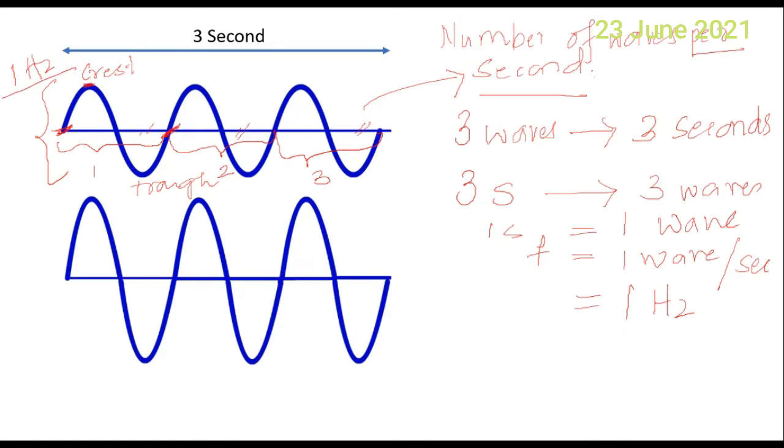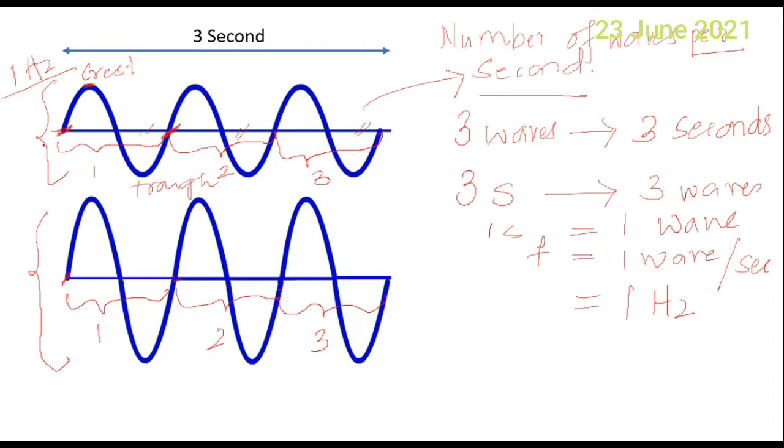Now we shall see the frequency of the second wave. Check how many waves are there. As I have told you, from initial position to crest and trough. So from here to here one, here to here another. This is the first wave, this is the second wave, and this is the third wave. And what is the frequency?